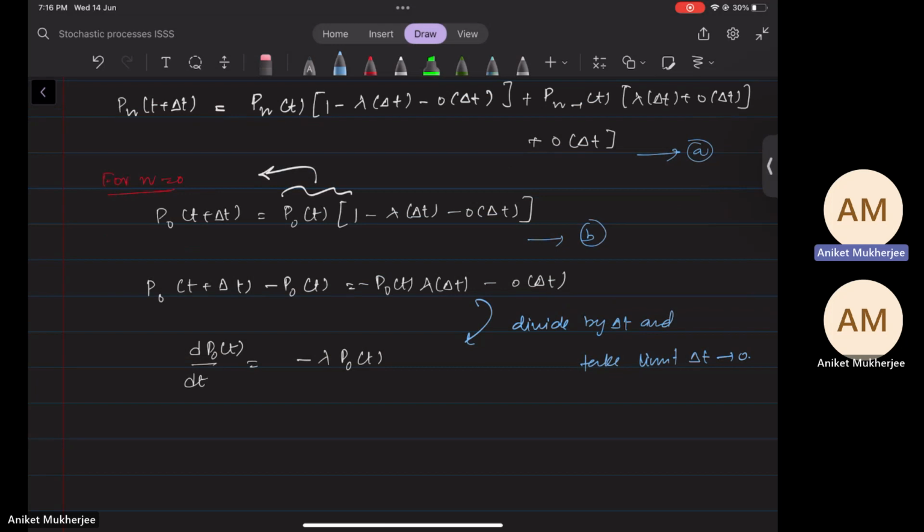Similarly, we can do the same for equation a.